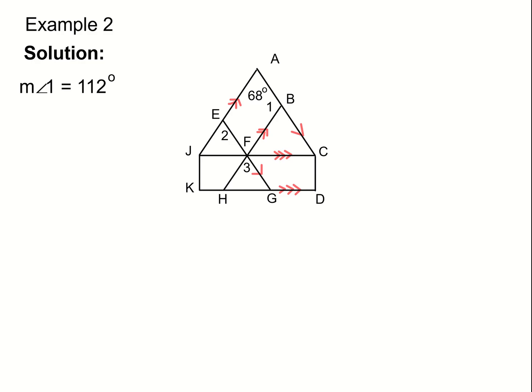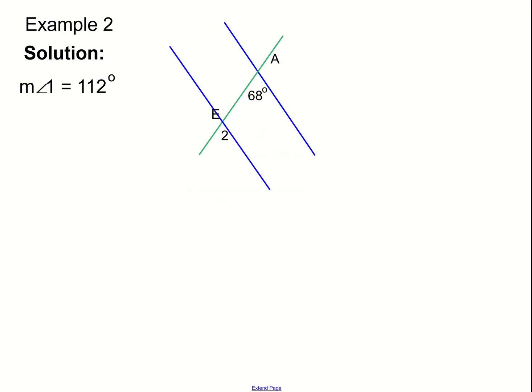Going back to our original diagram, now let's focus on two different sets of lines. Let's focus on EG and BC, or CA, and then the green line JA, and erase everything else. So now if we erase everything else, we can see, well, that's two parallel lines cut by a transversal, which is given in green.